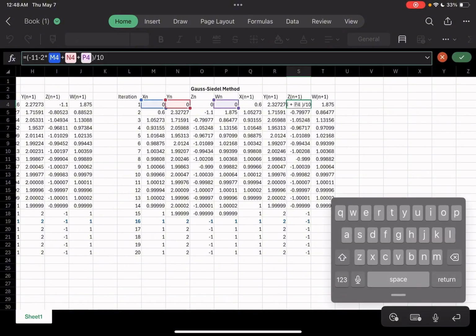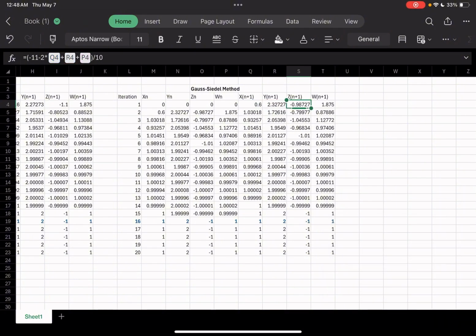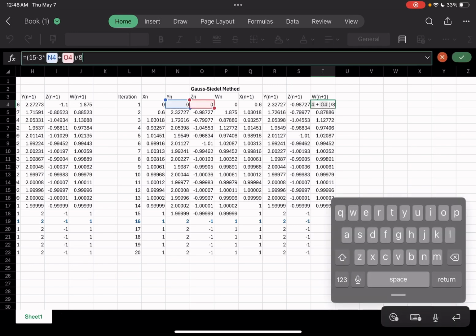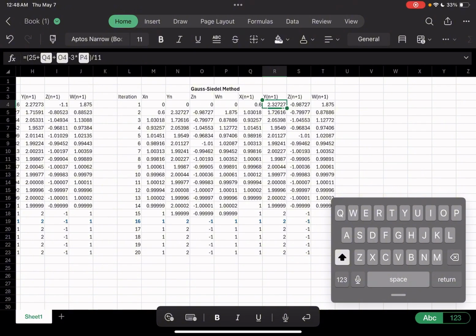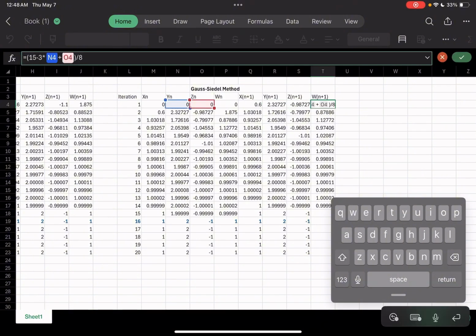So instead of x sub n right here, it would be this one. And our y would be the recently computed. Lastly, for our w, the same as what we did with the x, y, and z. Instead of y sub n right here, it would be the recently computed. So this would be right here. And our z would not be 0, but instead this one.